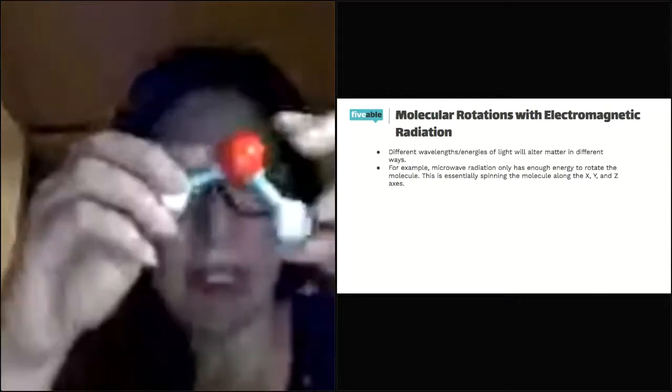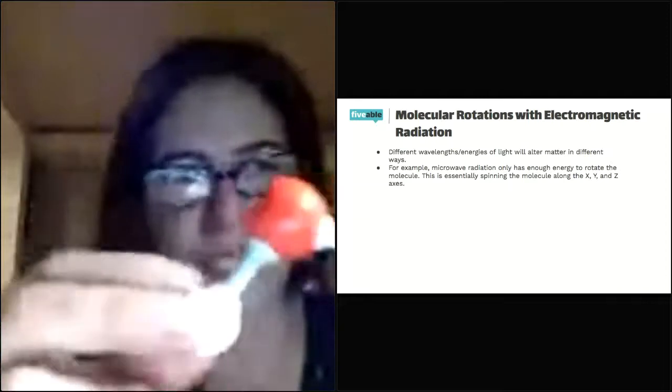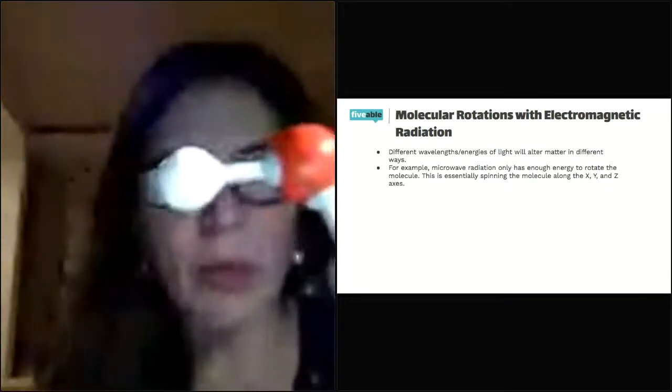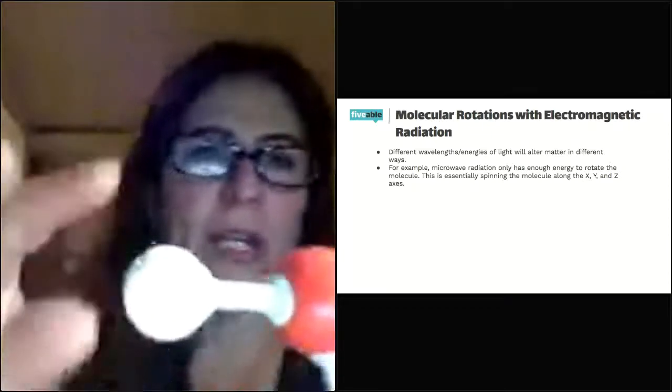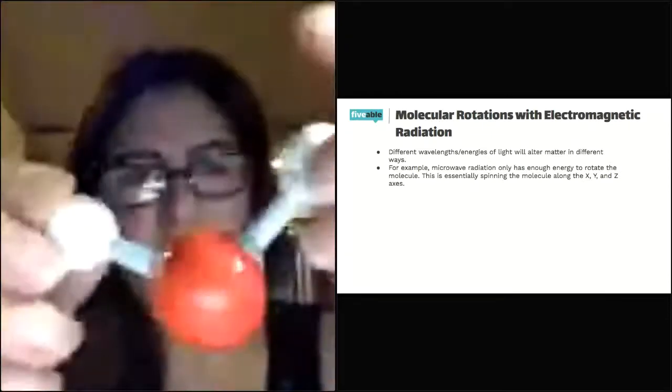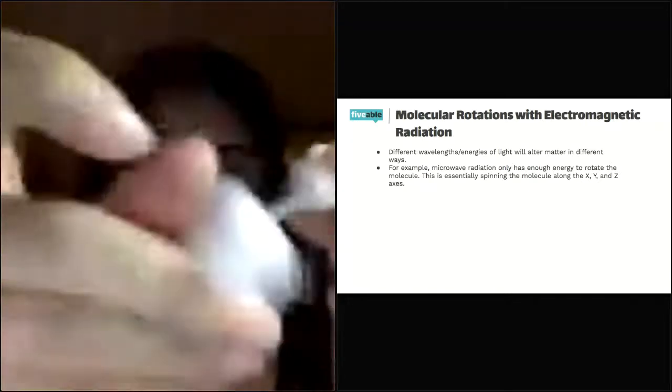I brought here a model of a molecule of water, which is a bent molecule. So when we place food with water in the microwave, the microwave is going to make this molecule rotate into the same axis.